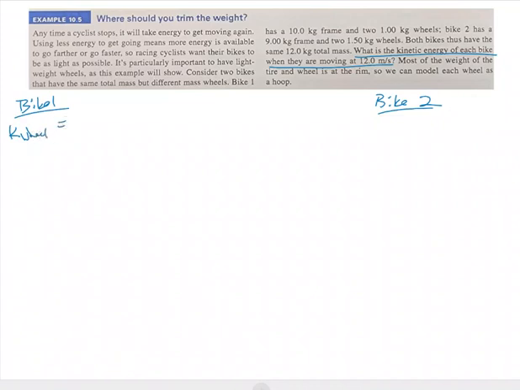So the kinetic energy of the wheel will be 1/2 I omega squared, the moment of inertia times 2 pi, okay, then plus 1/2 mv squared, because it's rotating and translating.